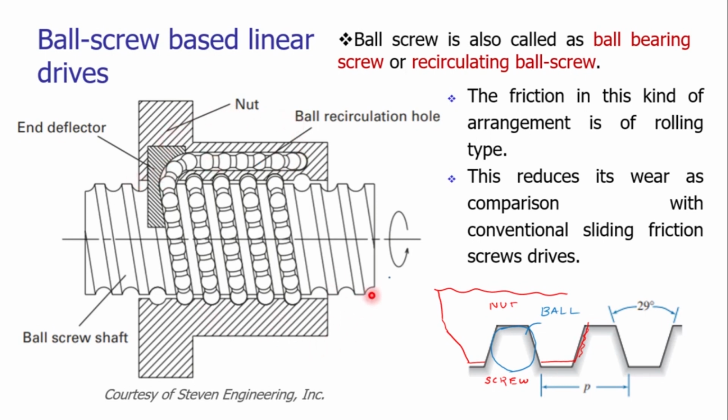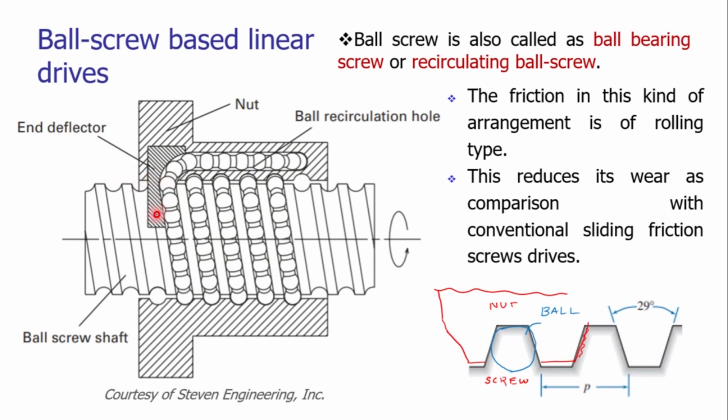So in this case, consider the shaft is rotating, and as the shaft is rotating, the balls are rolling inside the groove. They will roll and they will come to the end of the engagement of the nut with the screw. If you don't restrict them, they will come out of this assembly.